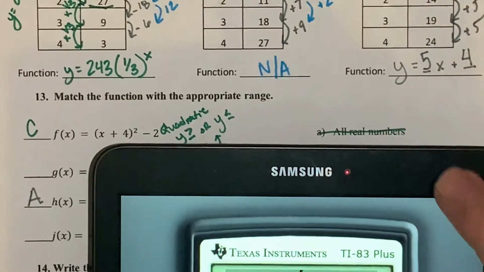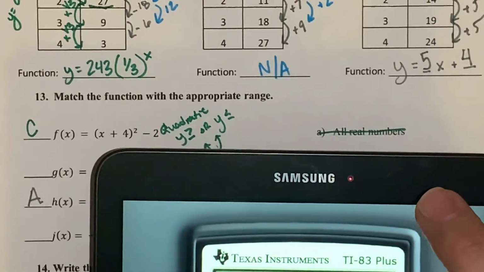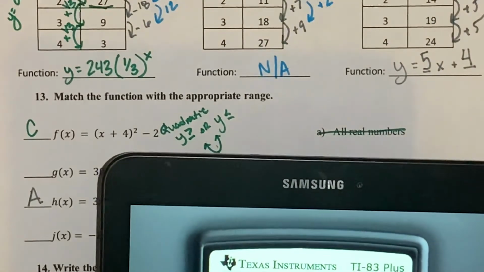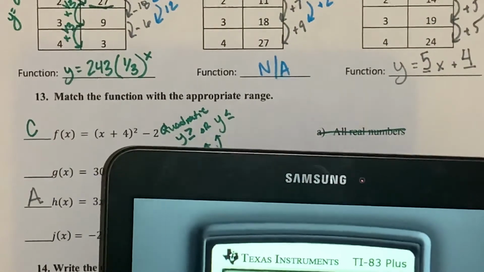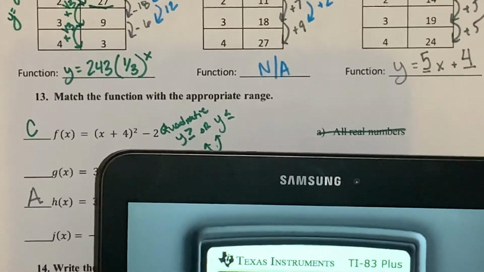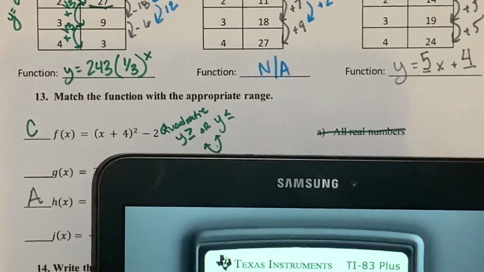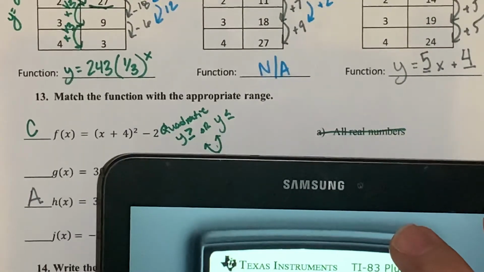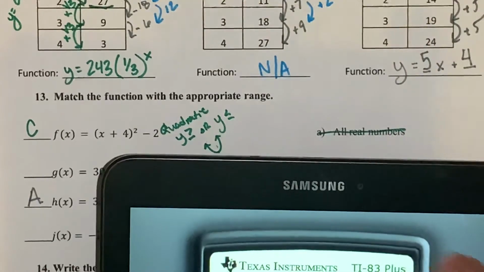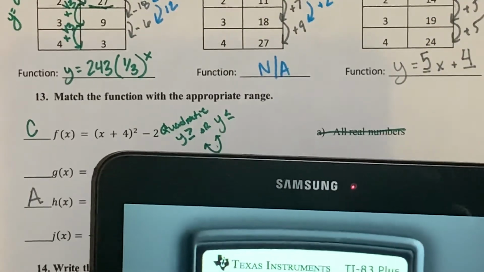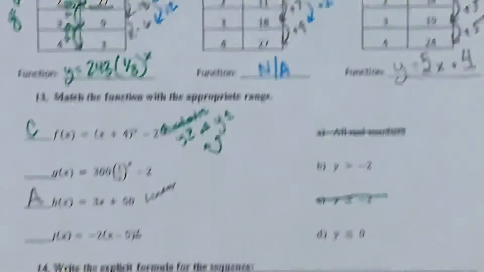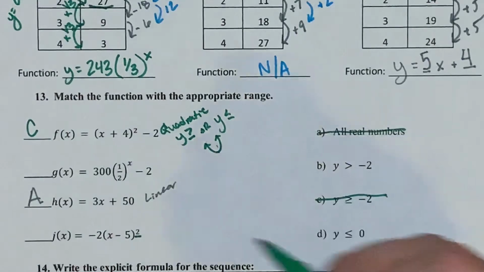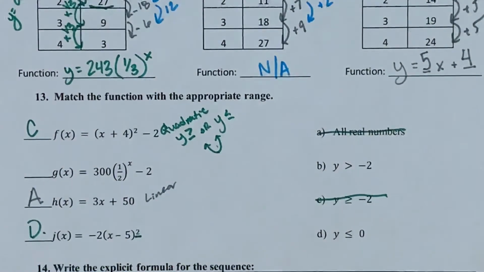Looks like it is a maximum point now, so I'm worried about what is the maximum point. Looks like it hits the x-axis, but I'm not sure, so I'm going to go to table. If it's a maximum point, I'm looking for how big y can possibly get. And it goes from negative to 0 and then back down to negatives. So the biggest it'll ever get is 0. So if 0 is the biggest it'll ever get, that means y is going to be less than or equal to 0. So this is going to be D.